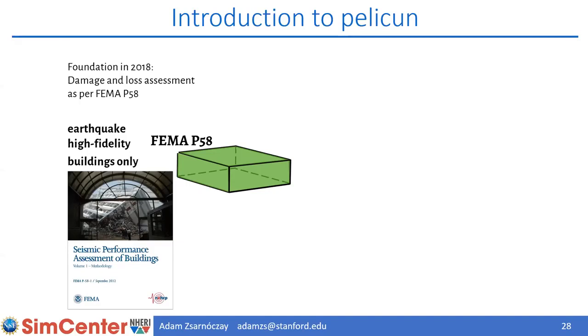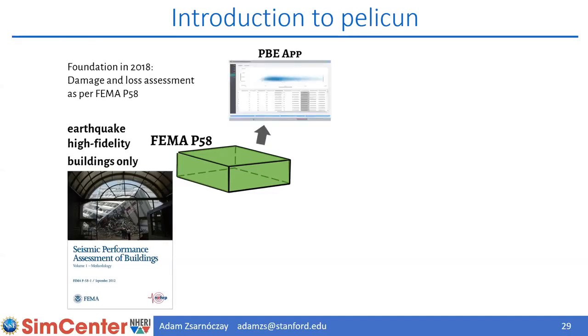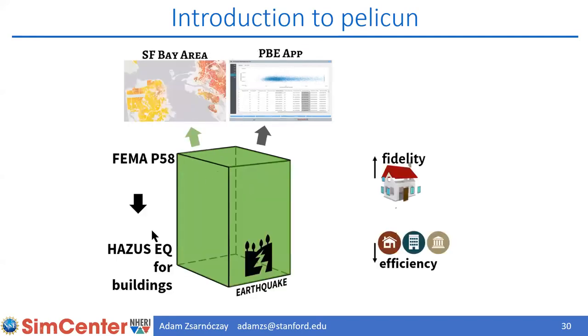We started in 2018. Pelican is based on the FEMA P58 method, but it does not only implement the method, it tries to go beyond it and tries to become more generic than that method. So we started with that high fidelity loss estimation method and the PBE app back in 2018, but then we expanded by adding HAZUS, and adding means expanding the method to incorporate both FEMA P58 style assessments and HAZUS style assessments within the same framework.